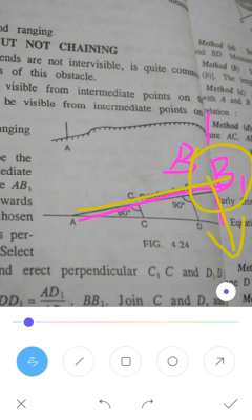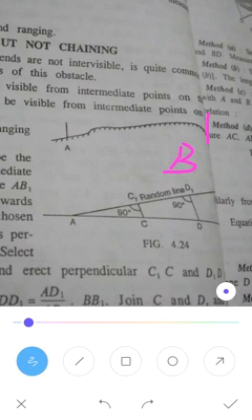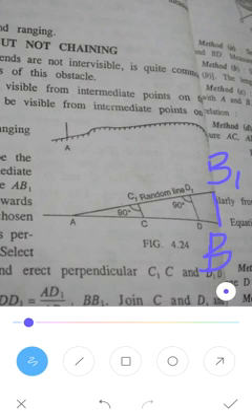What is B1? Here B1 is there, and here B is there. Actually there is one line that is not visible in this photo. Just like how one triangle comes, in the same way here also another line was there.